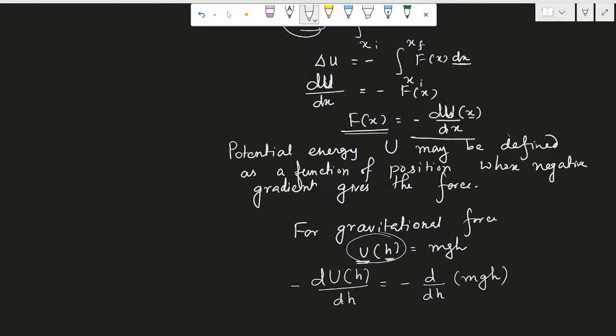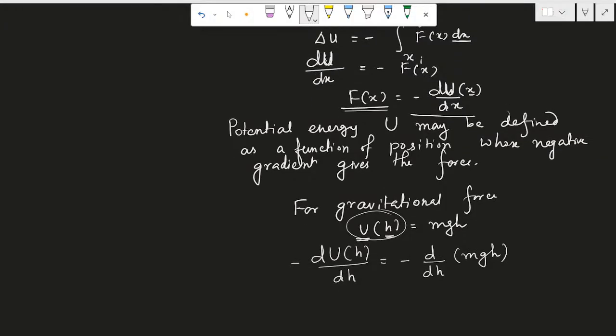Simply we are differentiating both sides with respect to h. Since mg cannot change, and dh by dh is nothing but 1, but it is negative in that case also.